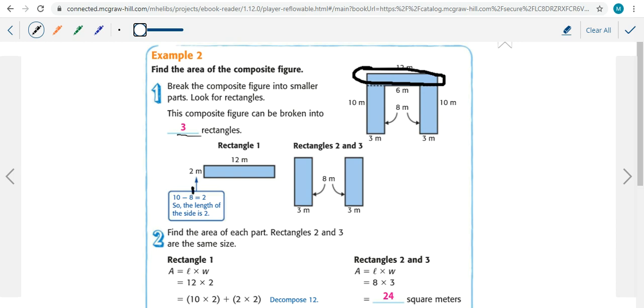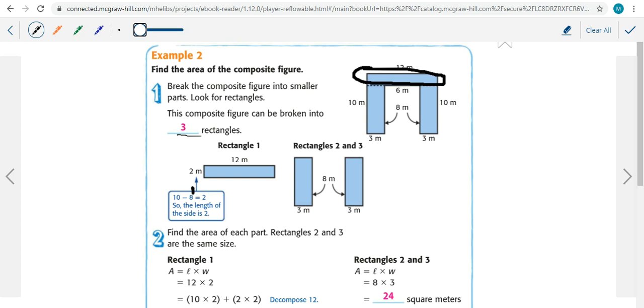Where do we get this 8 from? Can you see that this side is 8? So that means that this little part is 2. Why? Because 8 plus 2 is 10, or 10 minus 8 equals 2. So we know already that this rectangle is 2 meters wide and 12 meters long.